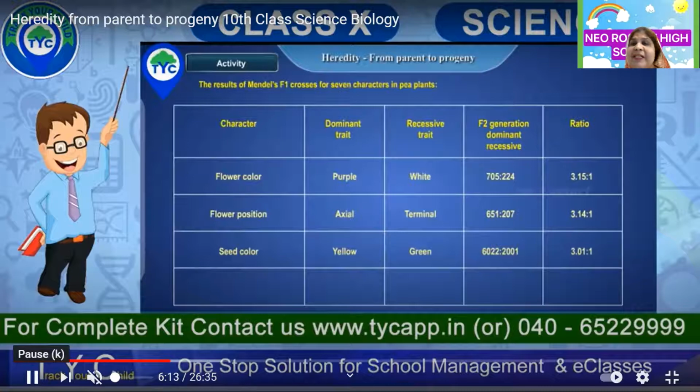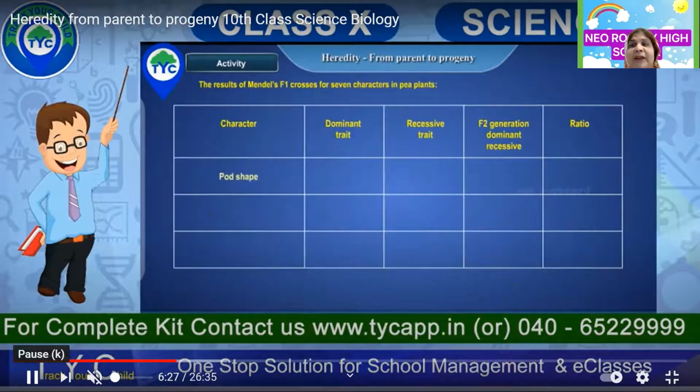And then he took the seed color of the pea plant. The seed was yellow and green. And what he found was, yellow was dominant and green was recessive. Then he found 6,022 yellow seeds and 2,001 green seeds. So these all are different, and look at the pod shape, inflated and constricted, and what are the generations.